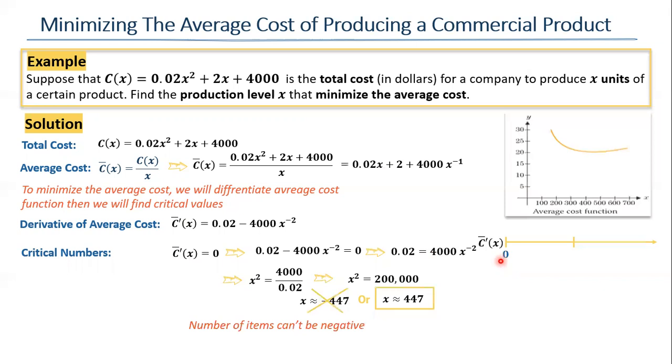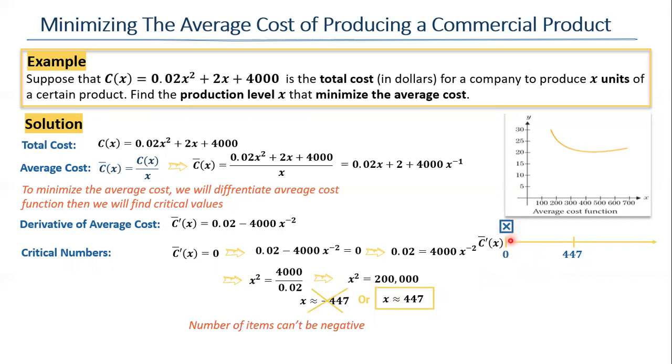C prime of x. Now we'll make a sign chart of C prime. The critical number is in the middle. On the left, x is not accepted, because if x equals 0, we haven't any production.